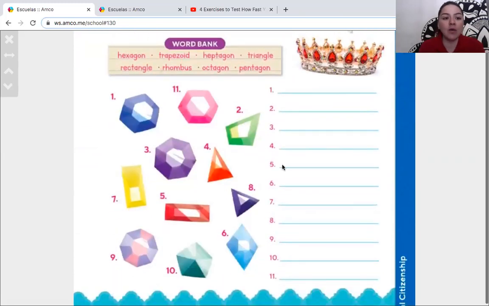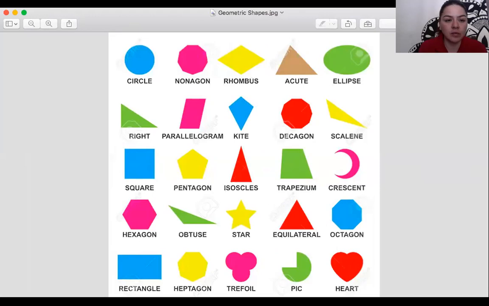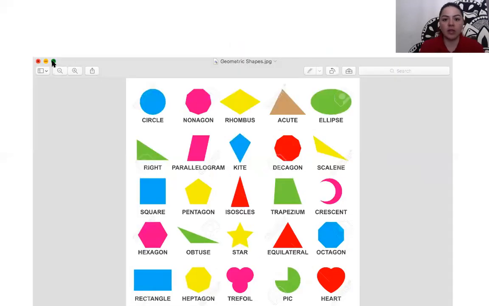Now, I will share with you geometric shapes so you can identify the ones from here, okay? Oh, give me a second. There you go.